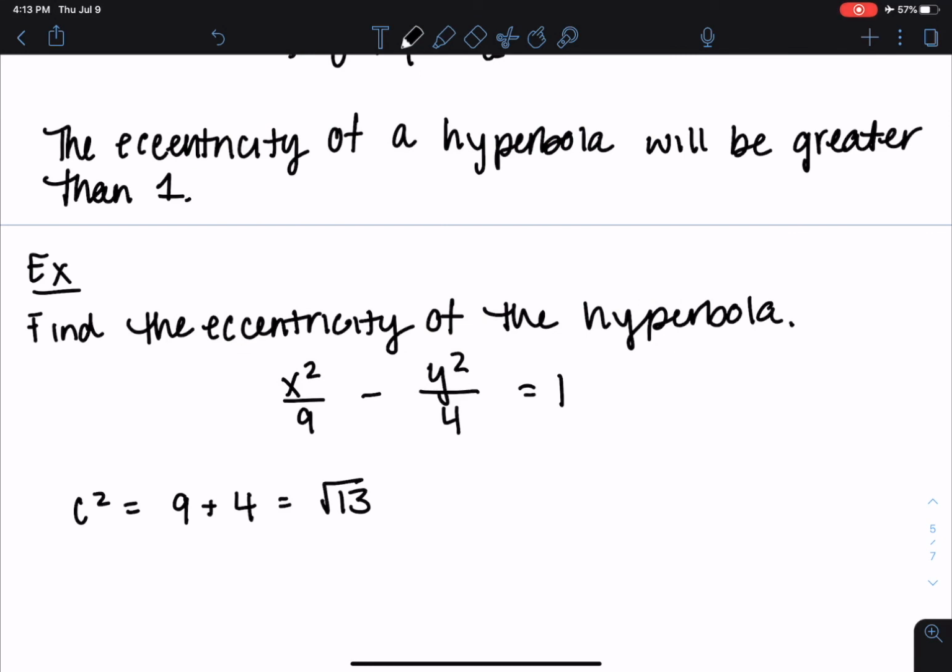So if I want to find our eccentricity e, which is nice and boldface, it's going to equal c over a, which is the square root of 13 over a, which in this case is 3. If you go ahead and plug that into a calculator, you're going to see it's about 1.2. Okay.